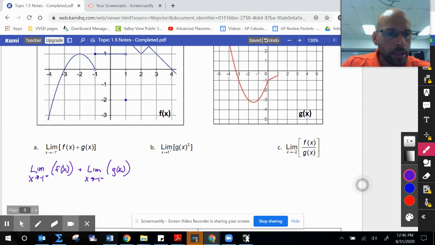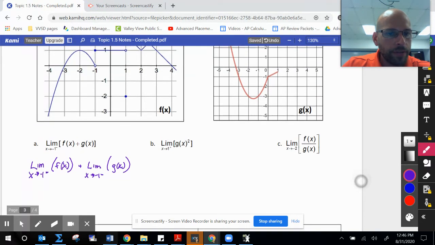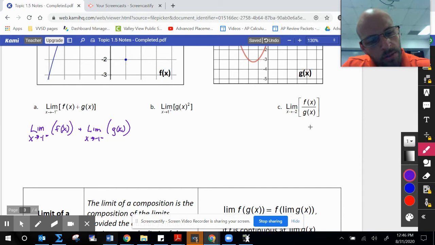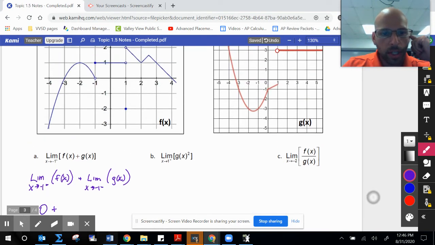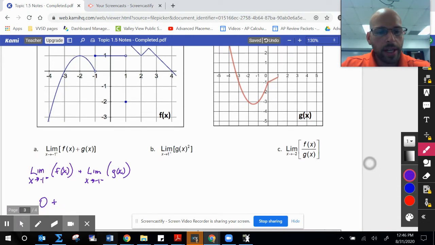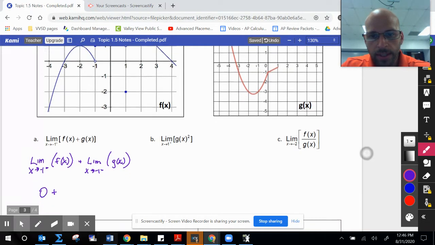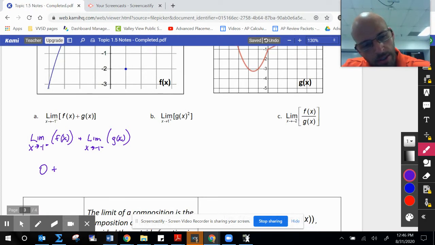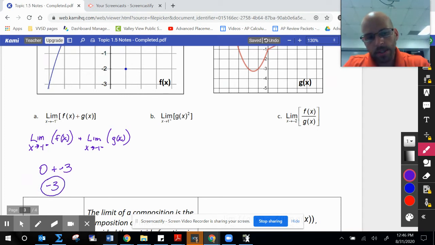If I do, as I approach -1 from the left of f of x, that's going to be at 0. And as I approach -1 from the left of g of x, sorry, the last one was f of x. This one, g of x, is going to be at -3. So if I add those together, I get -3 as my answer.